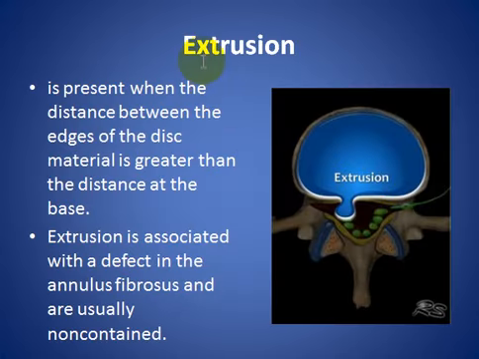What is disc extrusion? It is present when the distance between the edges of the disc material is greater than the distance of the base. It means that this AP diameter is larger than the transverse diameter, and extrusion is associated with defect of annulus fibers and is usually non-contained.